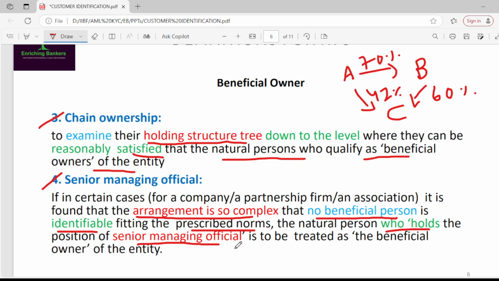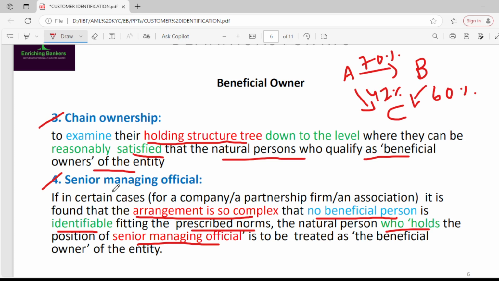Senior managing official is a specified person in the senior management group. Senior management may consist of CEO and other executives. So in that, senior managing official is a specified person.